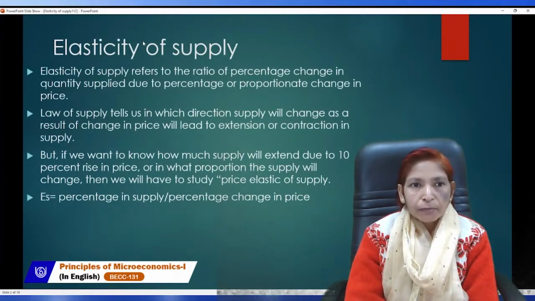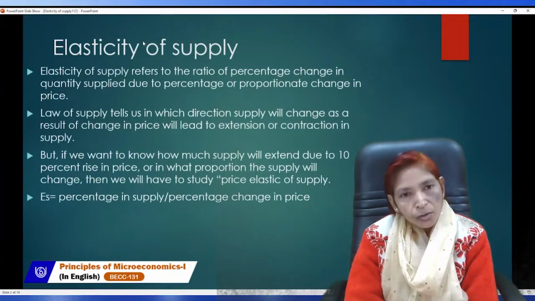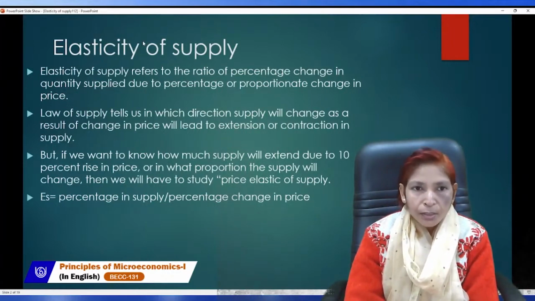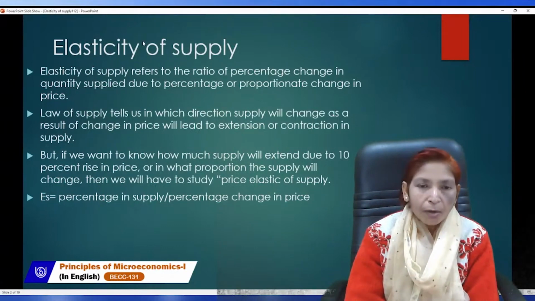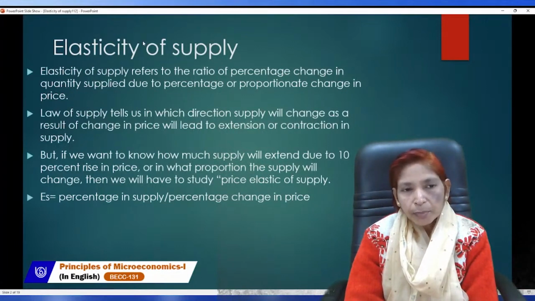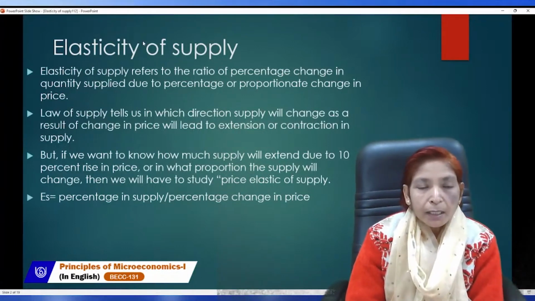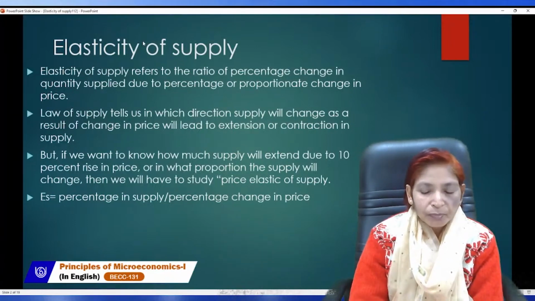Elasticity of supply. The meaning of this concept is, first of all, you have to know what supply is. As you have studied earlier, supply refers to the quantity of a commodity which a seller is willing to sell at the given price and at the given time period. But elasticity shows variation.